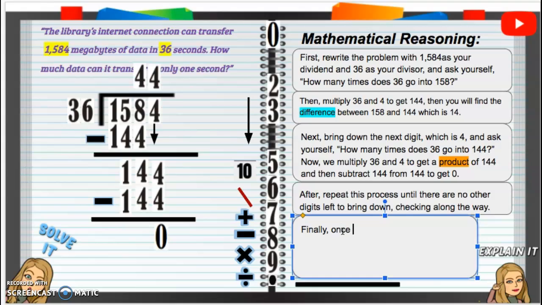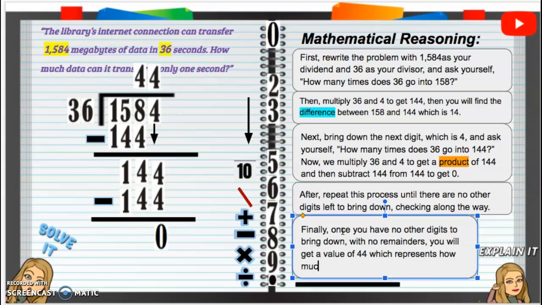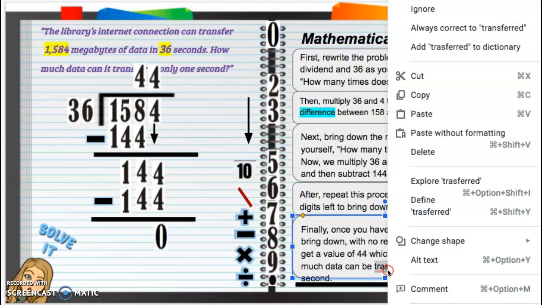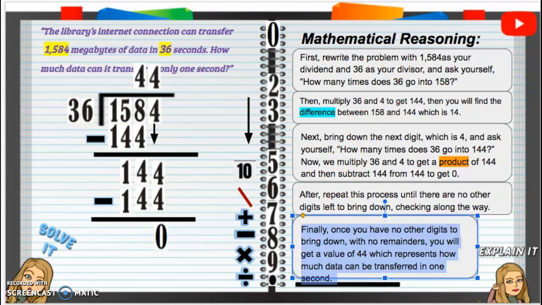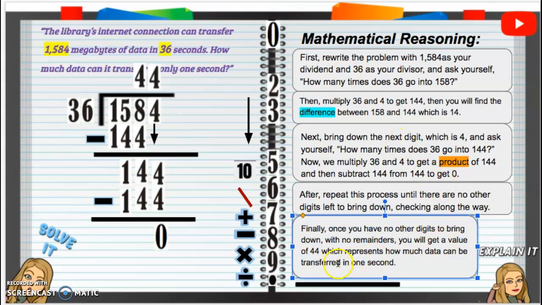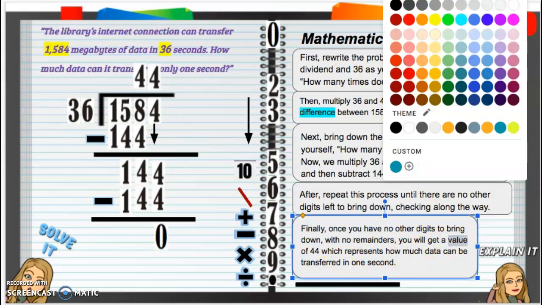So finally, once you have no other digits to bring down with no remainders, you will get a value of 44, which represents how much data can be transferred in 1 second. Awesome. So I know that that word value is a vocab word as well. I'm going to highlight that. We'll do pink.